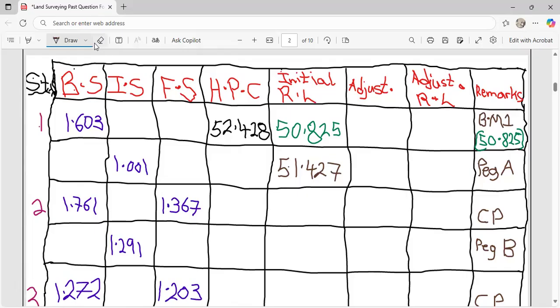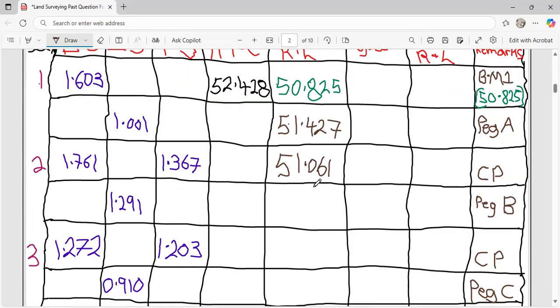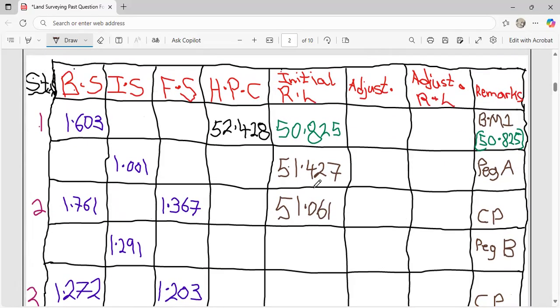Okay, the value we are getting over here is what? 51.061. Okay, good. From there, what else are we supposed to do next?